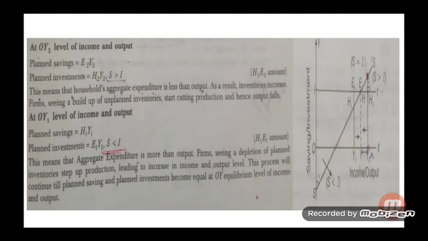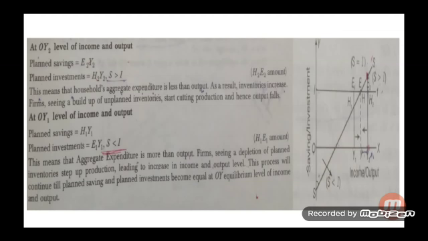It means here the investments are more and savings is less. This means that aggregate expenditure is more than output. Firms seeing a depletion of planned inventories step up production. Production will increase here, leading to an increase in income and output level. As the income and output level increase, this process will continue till planned saving and planned investment become equal.